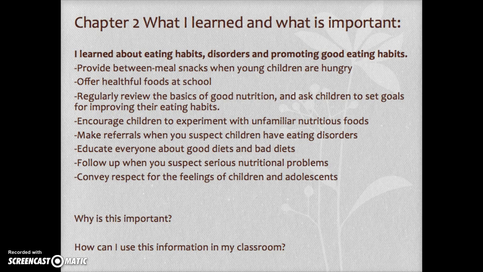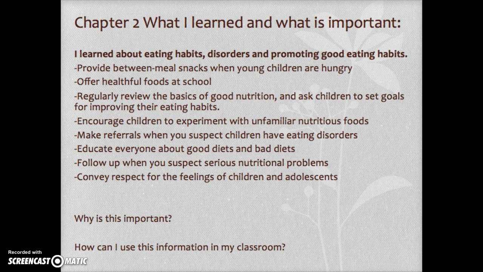So in chapter 5, what I learned and what I thought was important was I learned about eating habits, disorders, and promoting good eating habits. Some of the things I learned were: provide between-meal snacks when young children are hungry, offer healthful foods at school, regularly review the basics of good nutrition, and ask children to set goals for improving their eating habits.